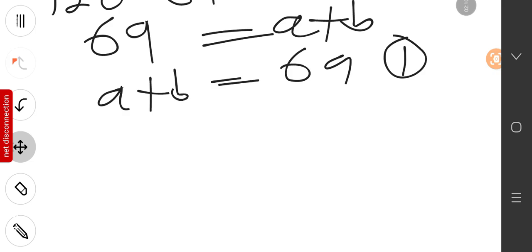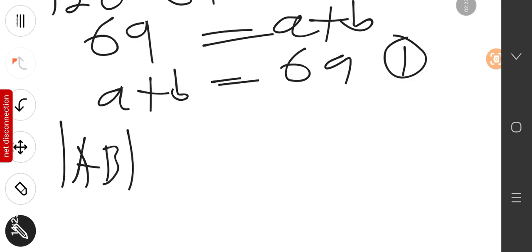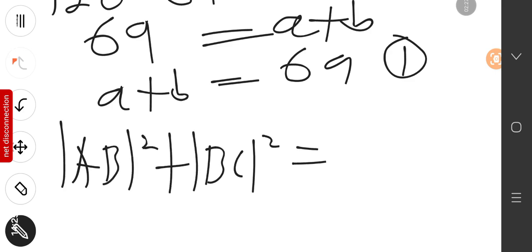Now we are going to derive another equation using the Pythagorean theorem. The Pythagorean theorem says that the length of AB squared plus the length of BC squared should give us the length of AC squared.